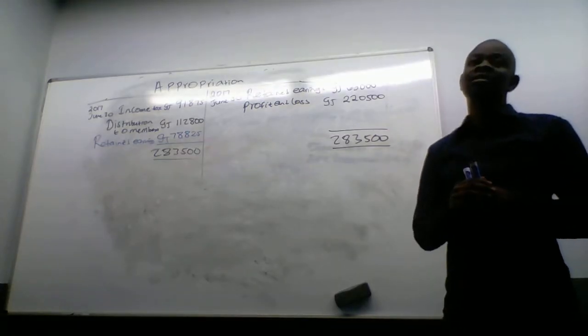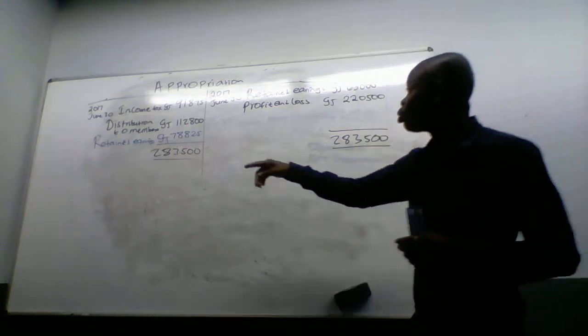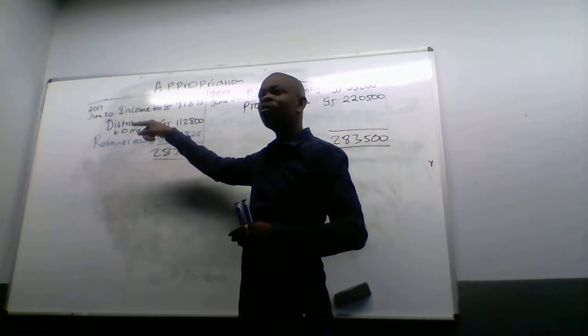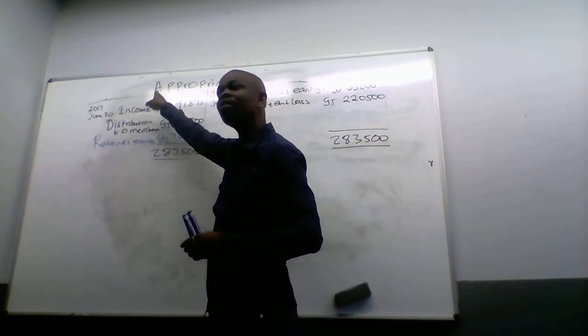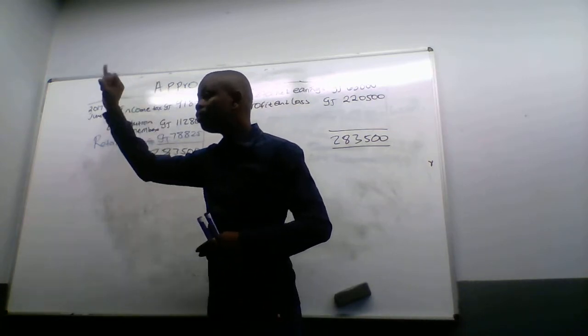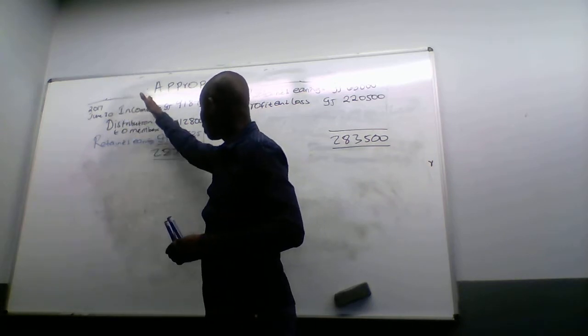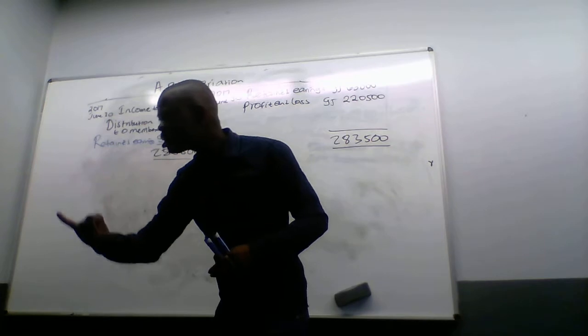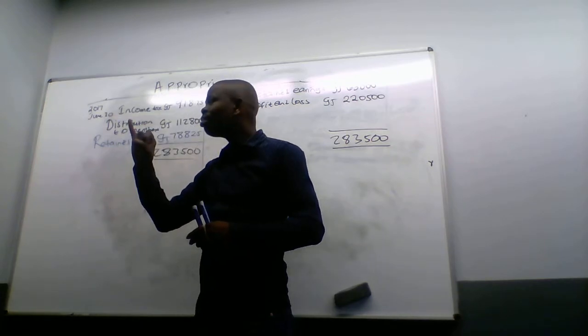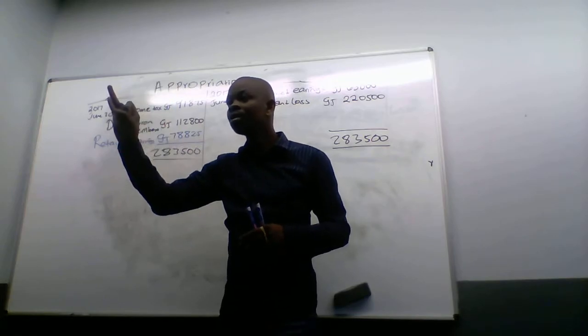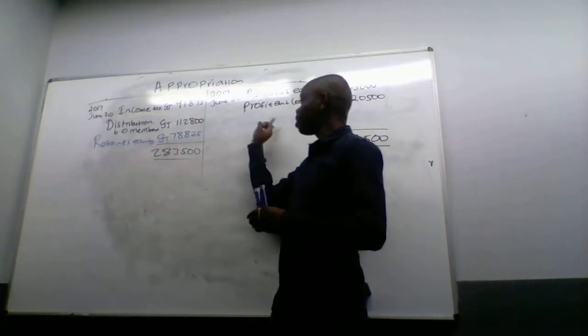So I don't want you to confuse. And again, you won't see this. You don't pay tax under what? Partnership. Just for interest's sake, what do you expect under partnership here? If it was partnership, what do you expect to see? Interest. Interest on current accounts. Current account, yes. Drawings. No, interest on drawings will come here.